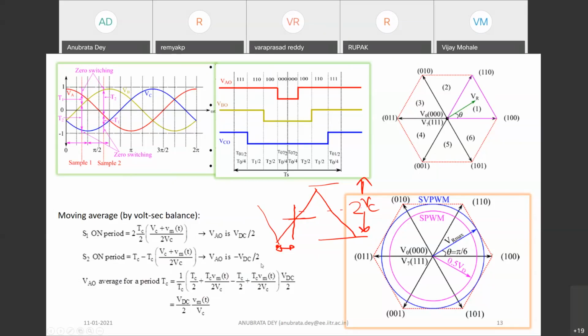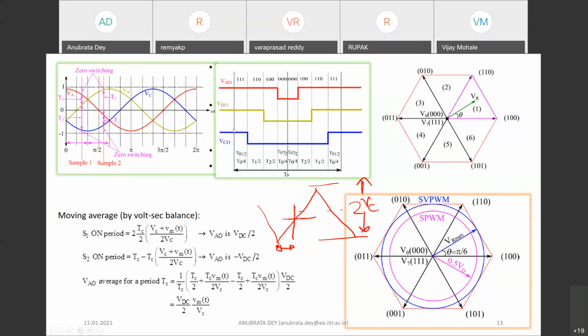Dead time is neglected. Now, if this is the time, you can easily find out that this time into this voltage plus this time into this voltage divided by the total time will give you the average voltage. So average voltage is always maintaining a proportionality with respect to your Vm.